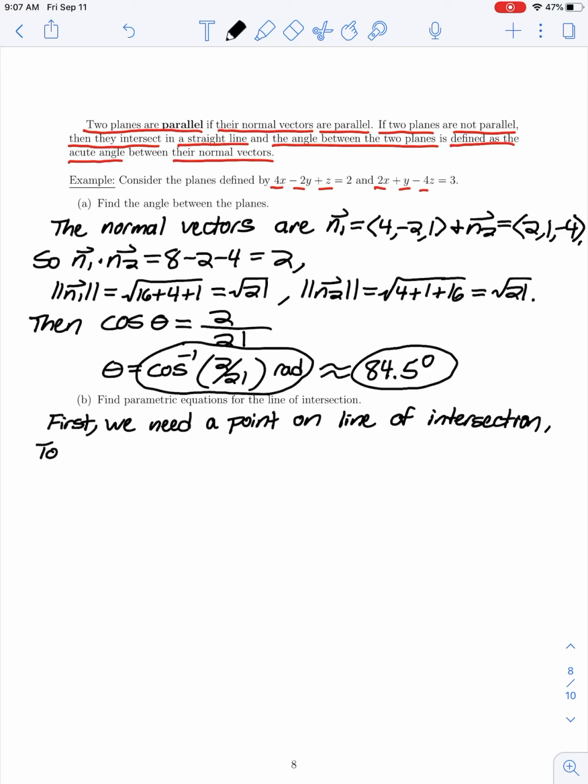So one way that we could find such a point is to see where this line crosses the xy plane.